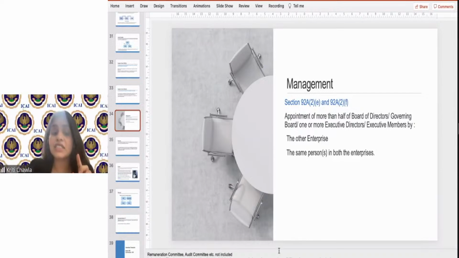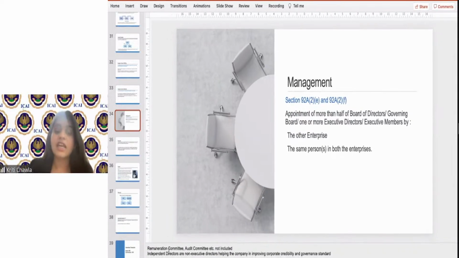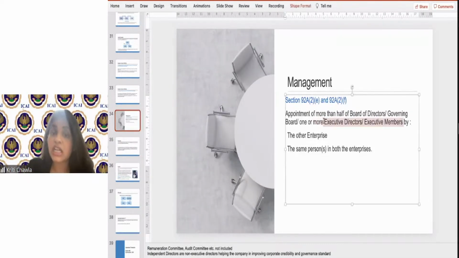What I've done is, this is the reason I have provided notes here. Independent directors are always non-executive directors. They help the company in improving the corporate credibility, in improving the governance standards. So when I say executive directors or when I say executive members, they will not be covered within the purview. So if one company appoints independent director in the other company, they will not be covered.